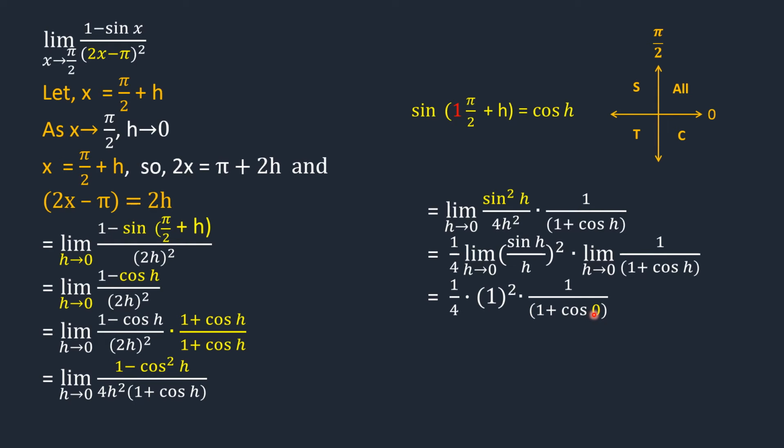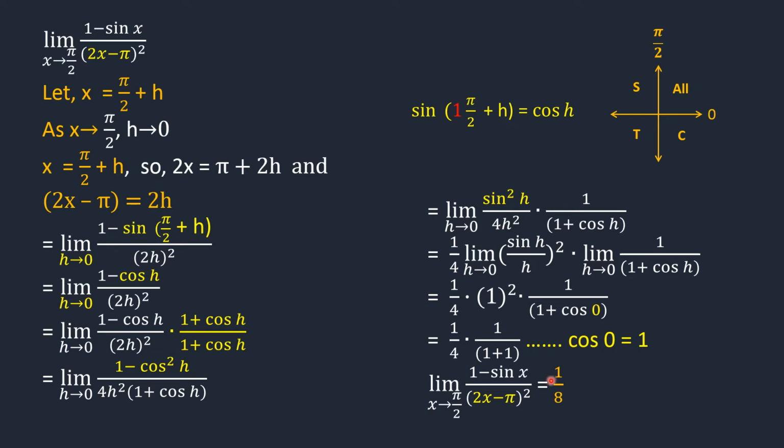Now cos 0 is 1. So therefore in the next step 1 over 4 multiplied by 1 over 1, which is this one, and cos 0 is 1. So 2 into 4 will be 1/8. So the value of our limit will be 1 over 8.